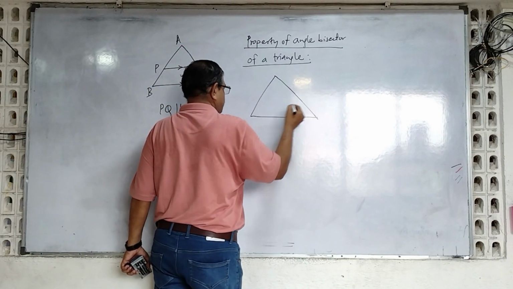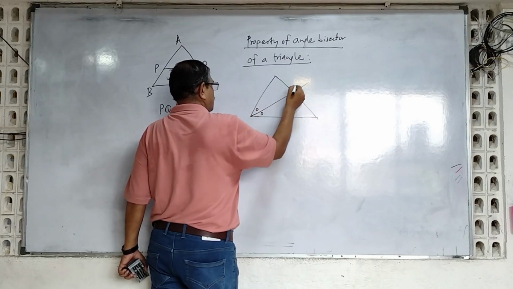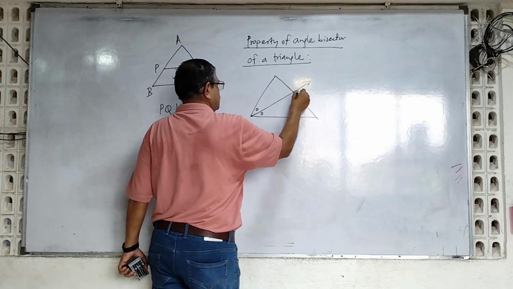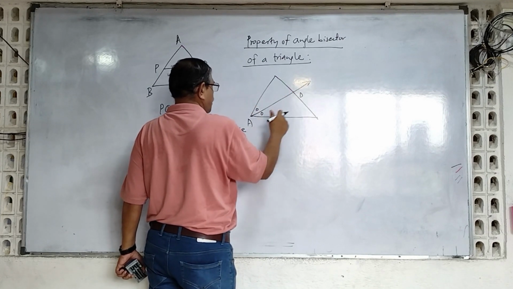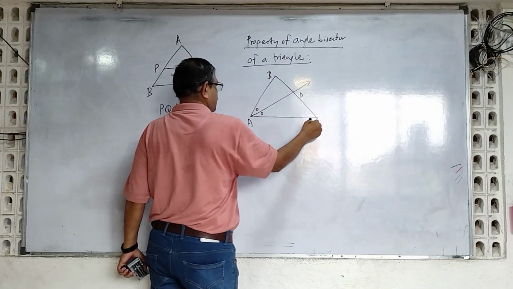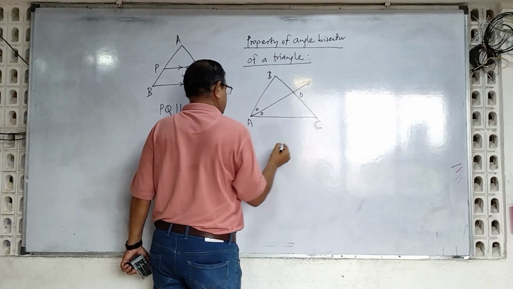Again, see, it's very simple. This symbol shows that AD is the bisector of angle BAC.